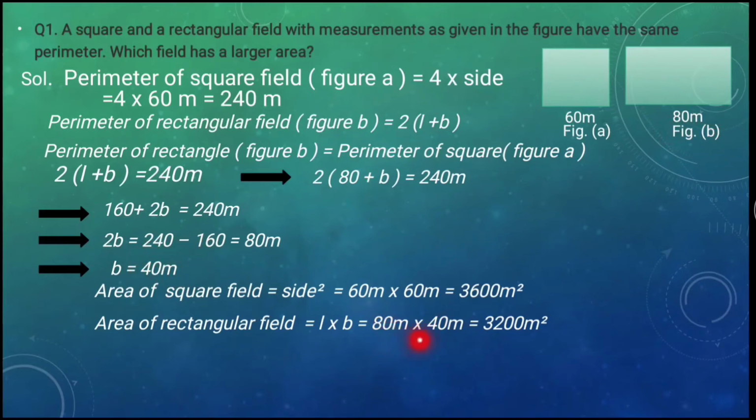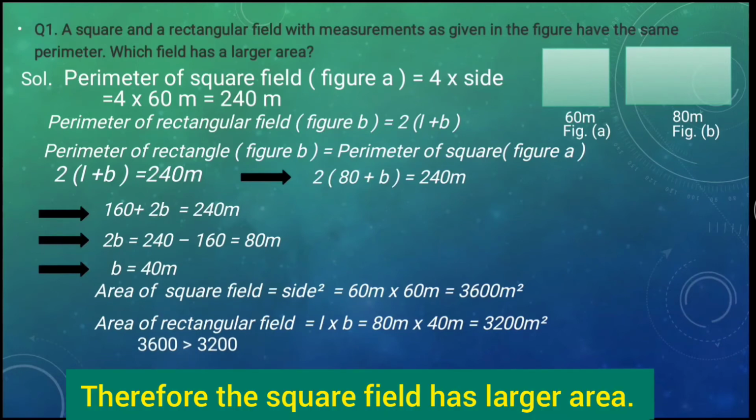So 80 meter into 40 meter is equal to 3200 meter square. Now you can easily see which field has larger area. Yes, 3600 is greater than 3200, so the square field has larger area. Understood? Good.